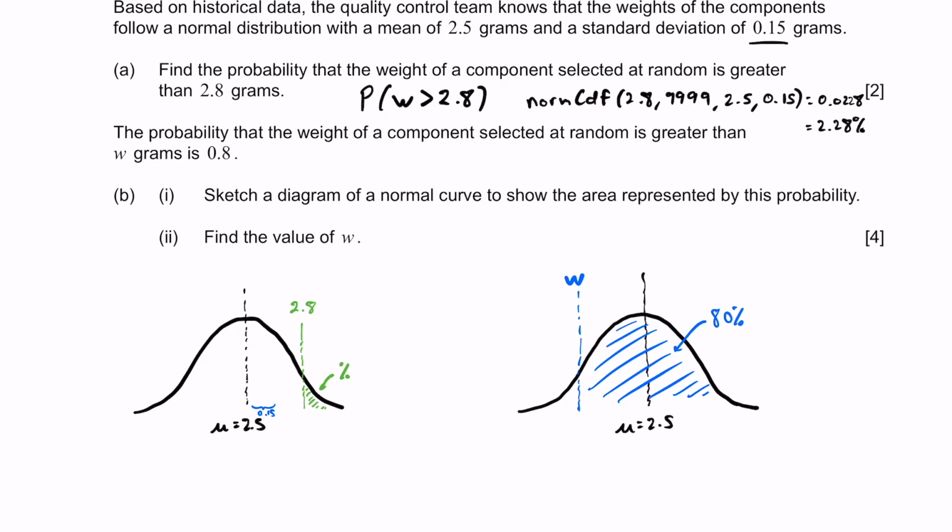And this is actually a nice question because it's the opposite in some sense of this first question. In the first question, they gave us this lower bound of 2.8, and they said, what is the probability? What is the percentage of units, essentially, that are greater than this lower bound? Here, for example, they're giving us the probability, or the percentage of units. They're saying 80% of the units are greater than, and now they're asking you to find the lower bound. So this was a classic kind of normal distribution question.